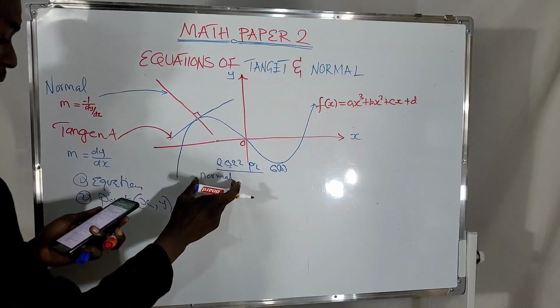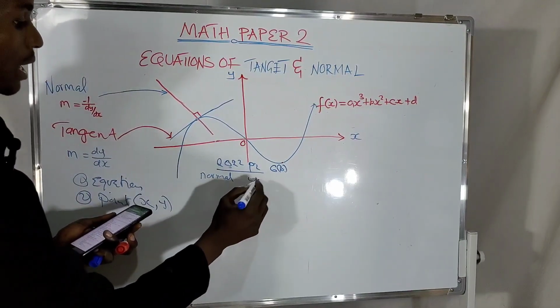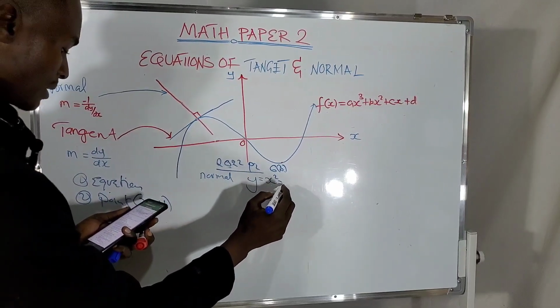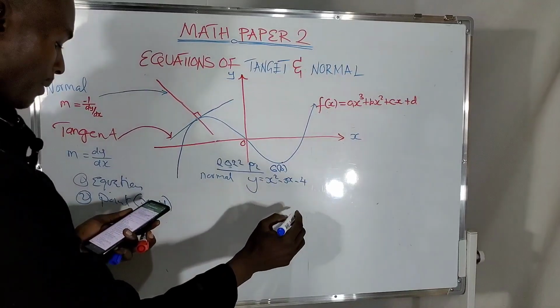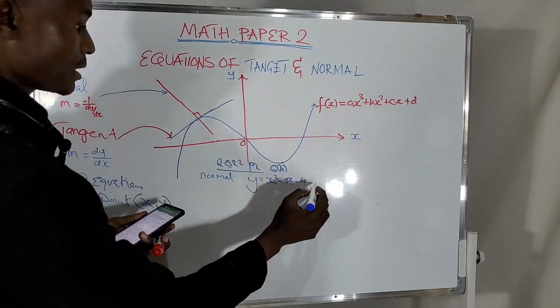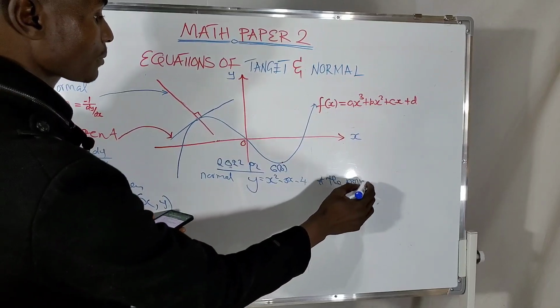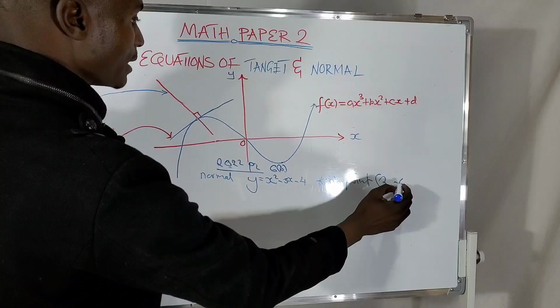Find the equation of the normal to the curve y equals x squared minus 3x minus 4 at the point 2, -6.